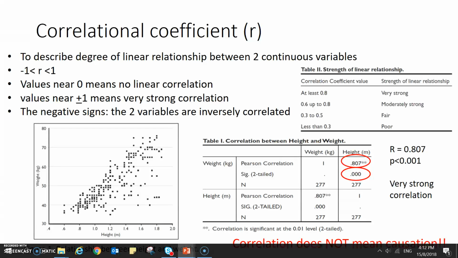However, being tall does not necessarily mean that you will have high GPA. And having high GPA does not necessarily make you tall. This is what we meant by correlation does not mean causation.